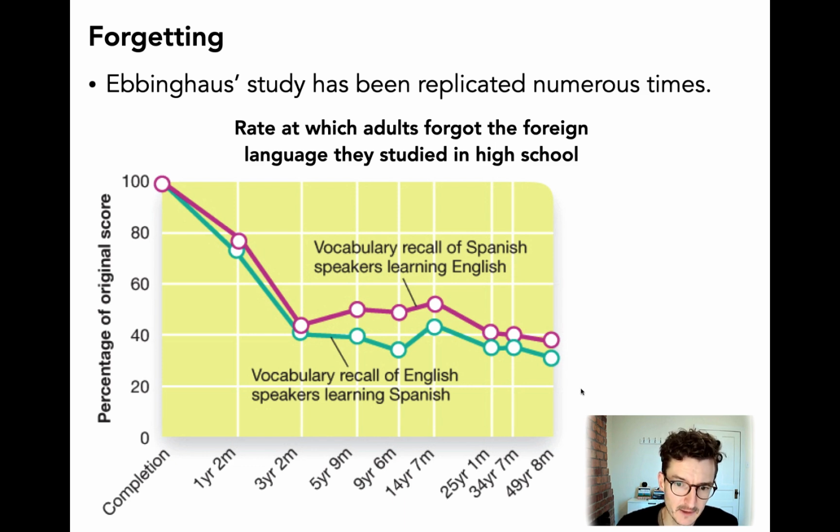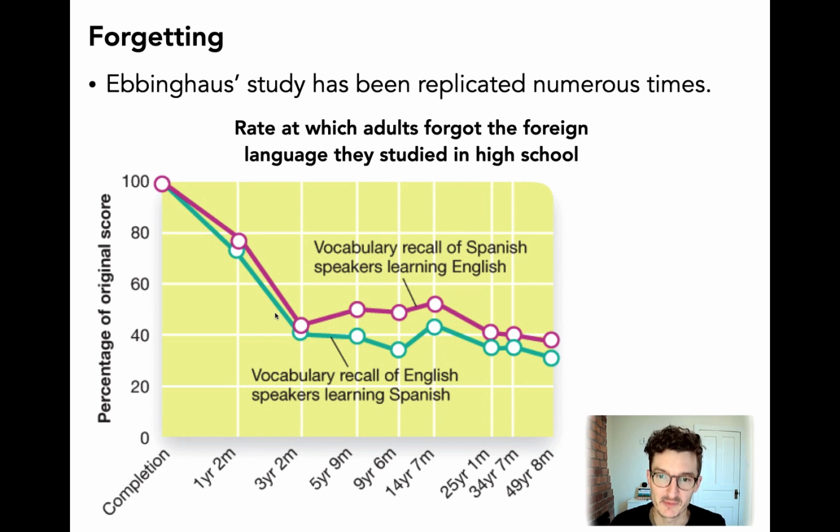So looking at our English speakers who learned Spanish in green, and our Spanish speakers who learned English in pink, and again, the idea here is that they're learning the second language in high school and then they're not studying it again. Most of what these participants learned is immediately forgotten, or forgotten within the first 2 or 3 years.